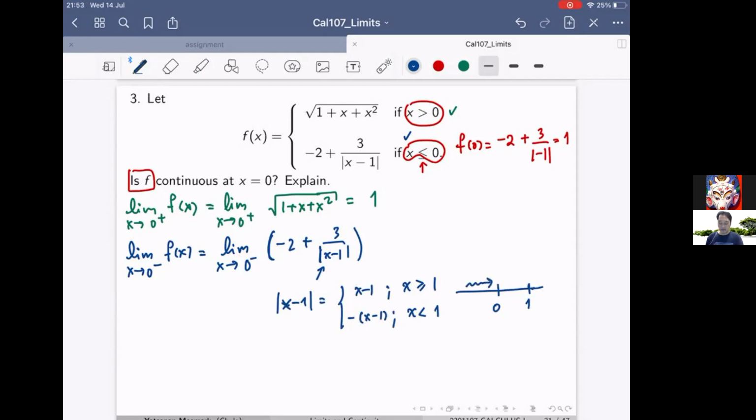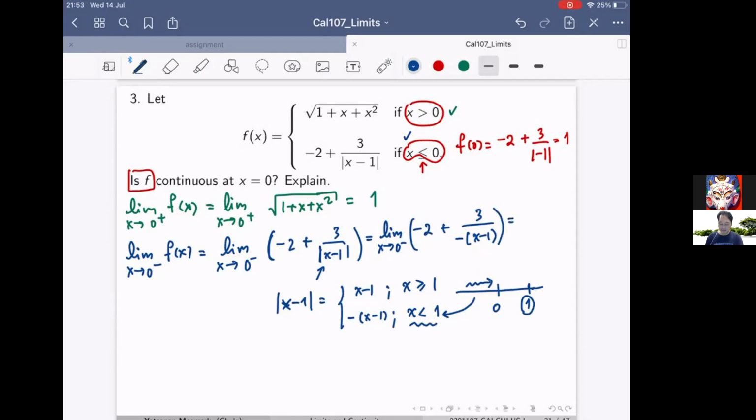From the left, so it is also on the left of 1 as well. This corresponds to this one here. So if you want to take out the absolute value, this one must be negative x minus 1, right? Because it corresponds to this formula here.